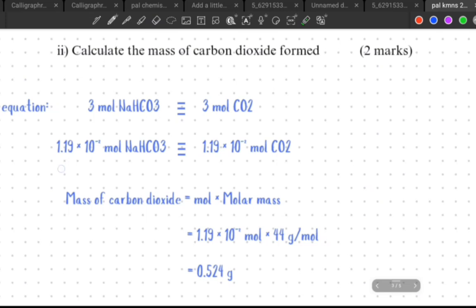And then you will get mole of sodium bicarbonate is equal to mole of carbon dioxide. And then the question asks for mass. So the formula of mass is mole times molar mass. And then you will get the final answer. This one, final answer, 1 mark. For chemistry, 1 mark.